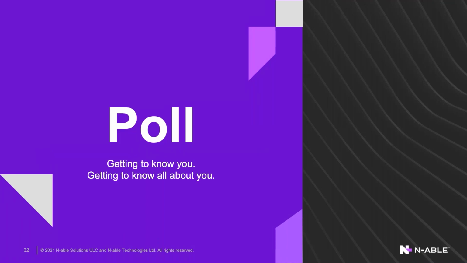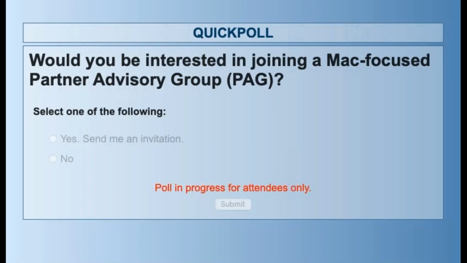So before we close things out, we'll have one more question for you. And that is, okay. Would you be interested in joining a Mac-focused partner advisory group, or PAG? The partner advisory groups get together periodically.